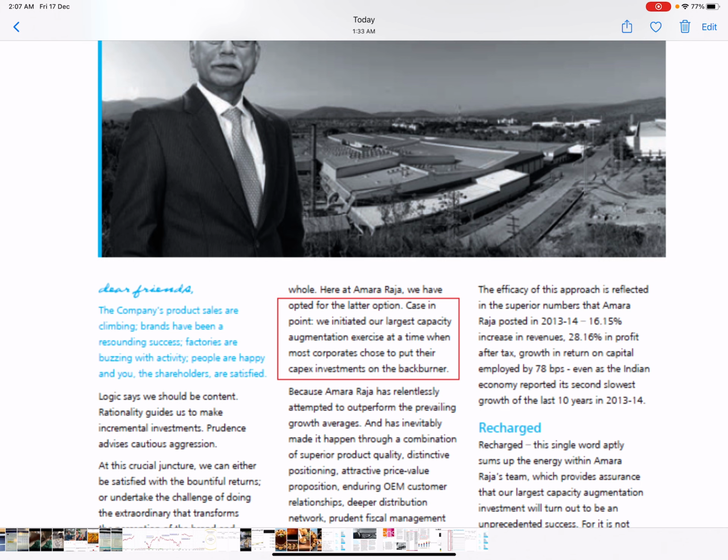Moving ahead, the next section is the management discussion and analysis, or MD&A. This is my opinion perhaps one of the most important sections in the whole of the annual report. The most standard way for any company to start this section is by talking about the macro trend in the economy.